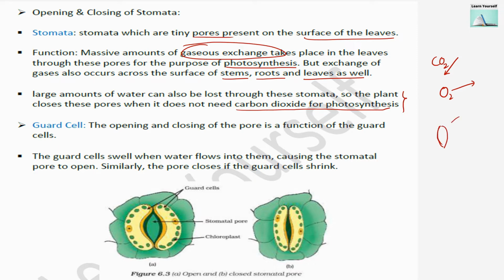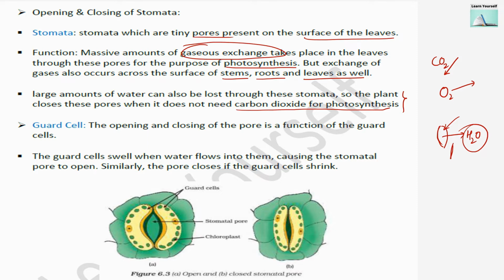Whenever they require gases, these pores will open, and whenever they don't require them, these pores will close, because these pores also lose a major amount of water into the atmosphere. So continuous water loss is harmful for the plant. This should not happen, and because of that the opening and closing of the stomata pore is very important.